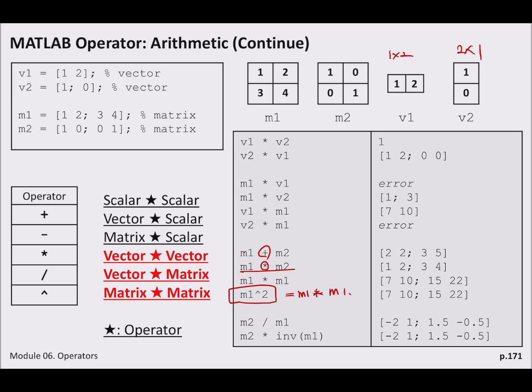Does it make sense? This explains that we can use different operators between different forms of combinations: matrix and matrix, matrix and scalar, and vector and matrix. Does it make sense?